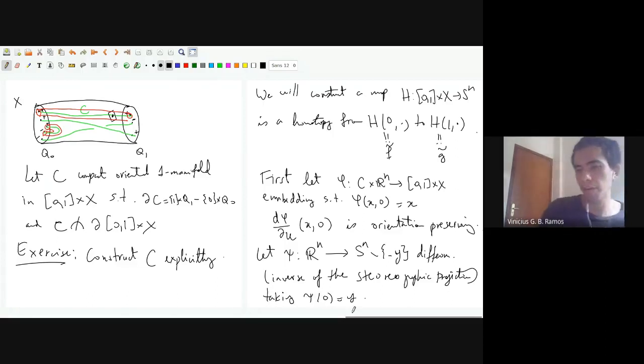So you do the stereographic projection with respect to negative y. If this is your y and this is your minus y, you can do a stereographic projection like that, and this phi is the inverse map. Okay, so Sn minus a point is diffeomorphic to Rn.